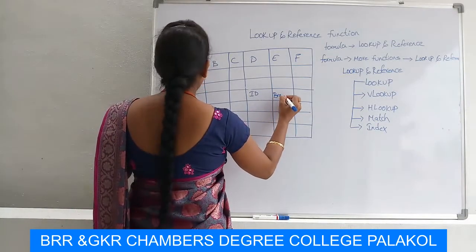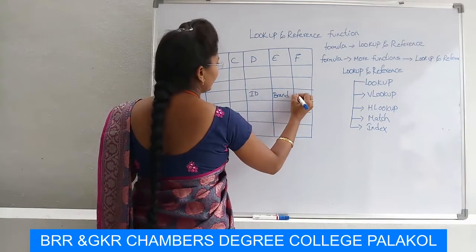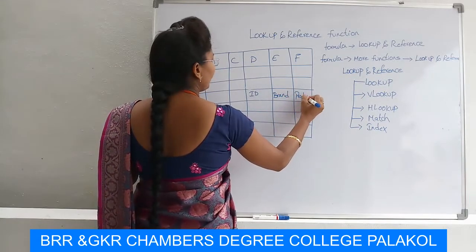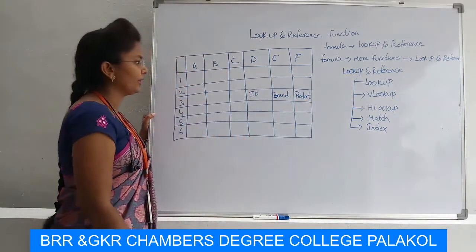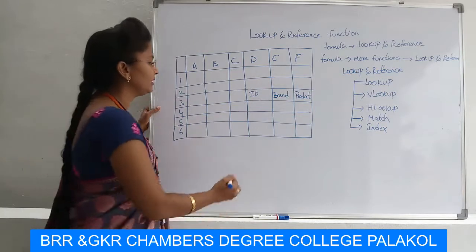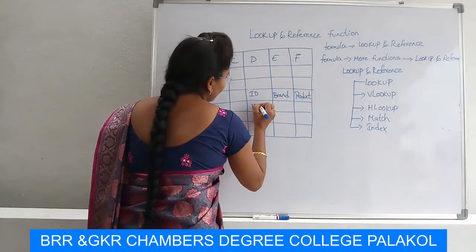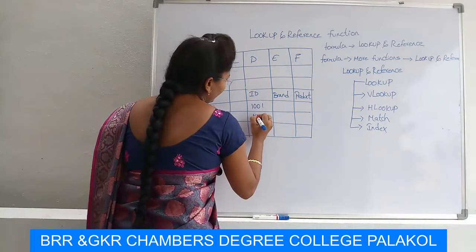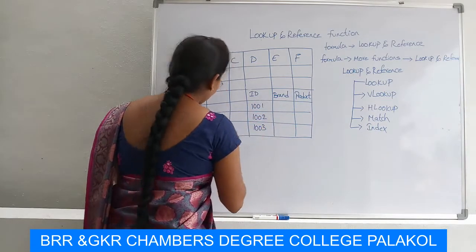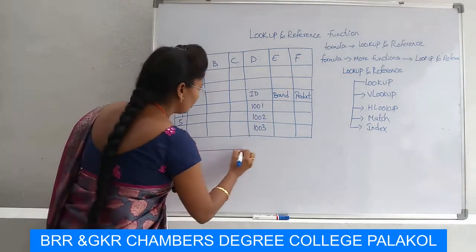And in E3 cell, I am taking the brand, and F3 cell, I am taking it as product. I have to enter some data in this. Here I am taking 1001, 1002, 1003, and I have to enter one more row for it.